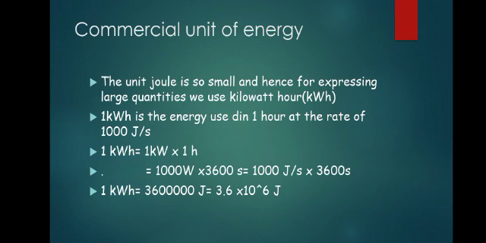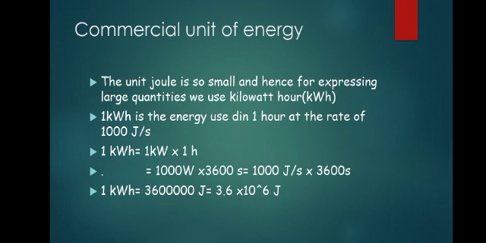So these are the things we have learned in this chapter. First, what is work? Work done on an object is defined as the magnitude of force into displacement. Then we studied that the unit of work is joules.